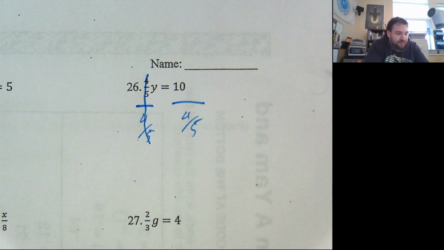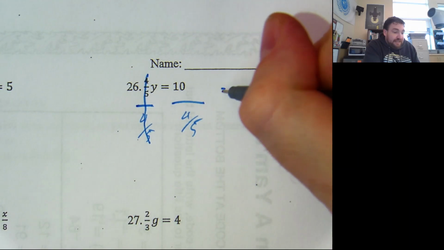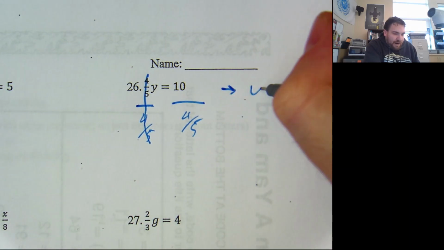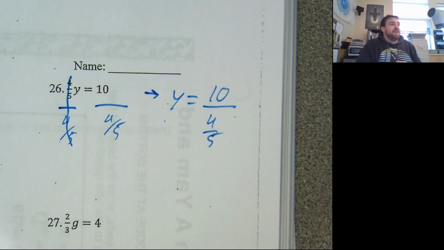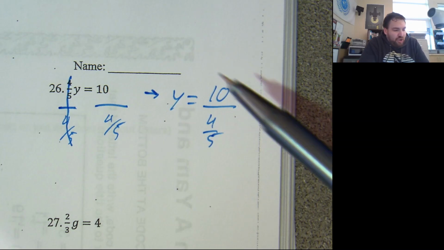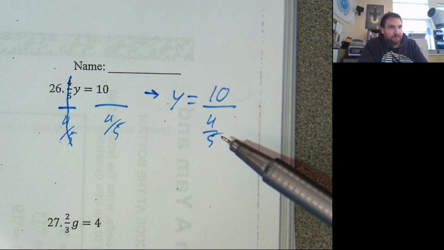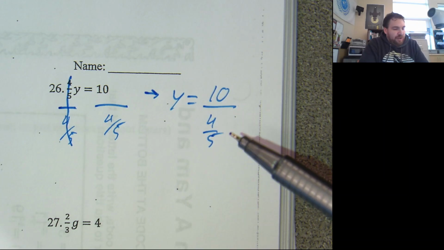Here they're going to cancel, leaving me with y equals 10 divided by 4 over 5. Now that looks terrible, but we spent a whole bunch of the first chapter way back in September looking at how you divide by a fraction. How do I divide a whole number by a fraction?